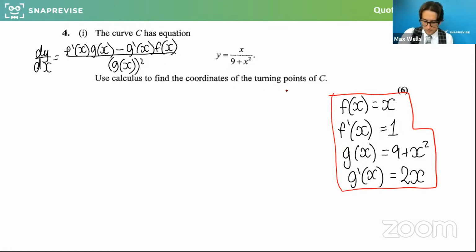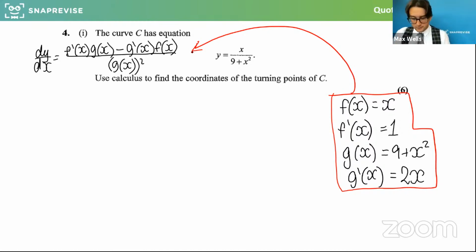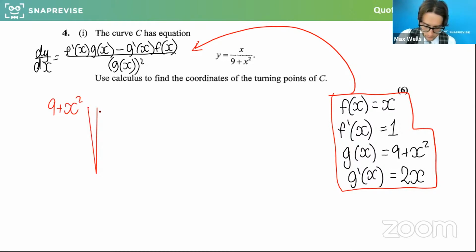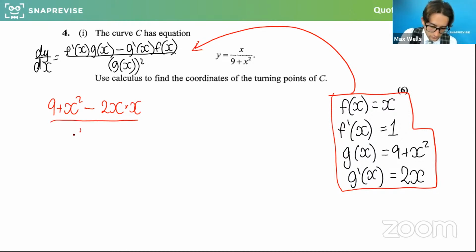So now we've got everything we need to start subbing into the quotient rule, and then we've effectively done the differentiation. So we're going to get 9 plus x squared times 1, which is just 9 plus x squared, minus the other way round, which is 2x times by x, all over 9 plus x squared squared.